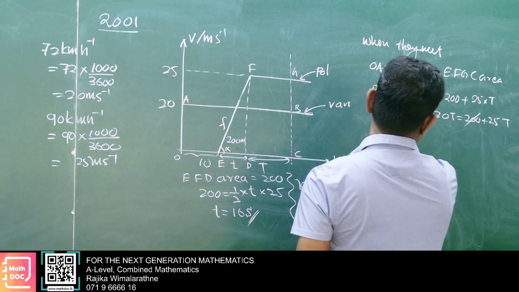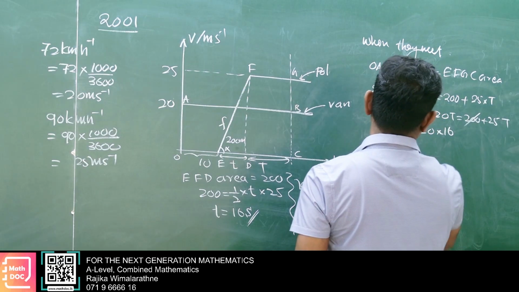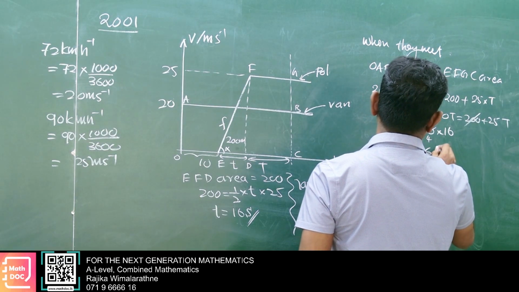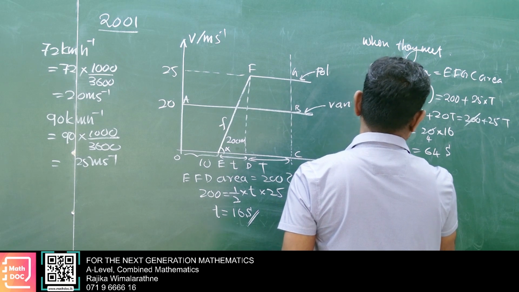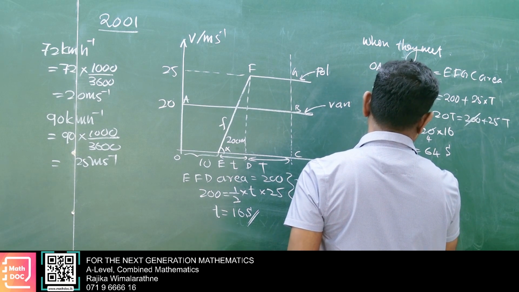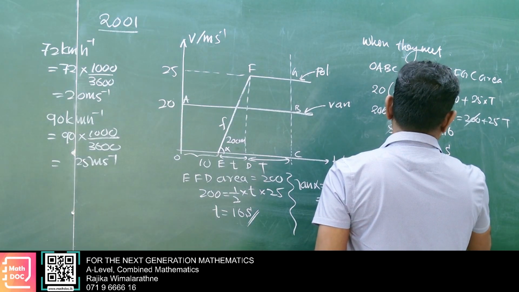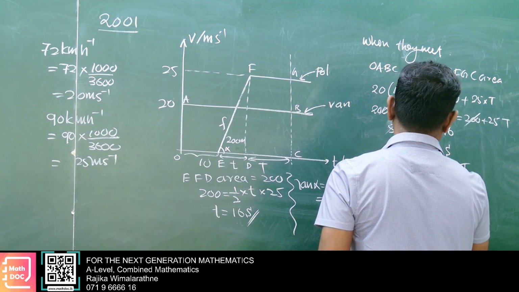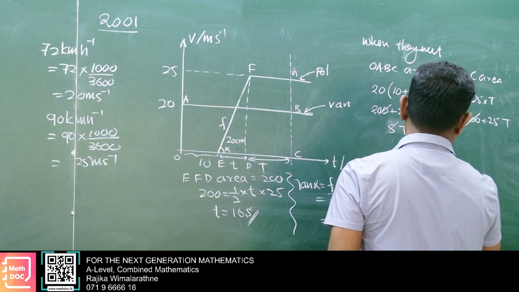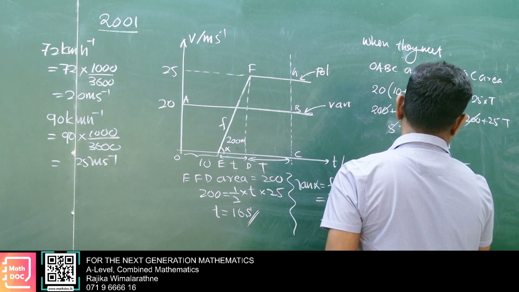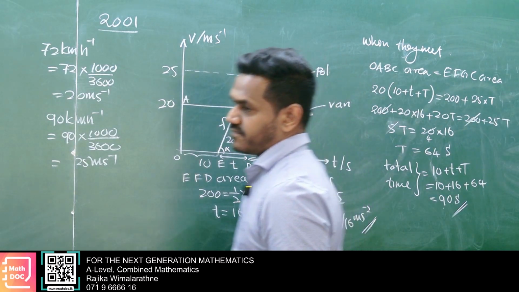Then 5T equals 20 times 16, so T is 64 seconds. Then the total time is the addition: 10 plus t plus capital T. In 90 seconds, they meet.